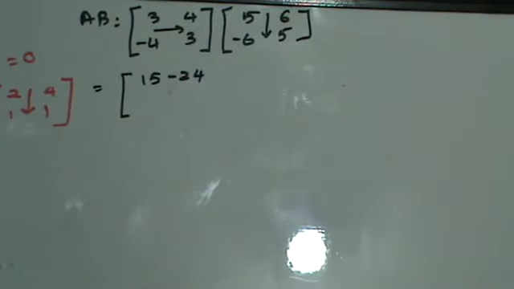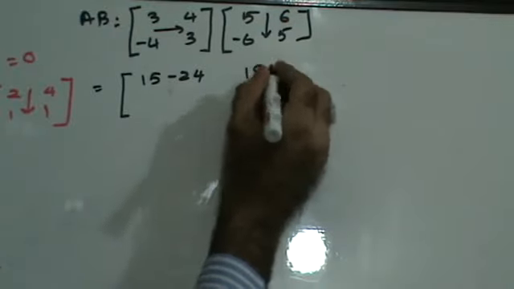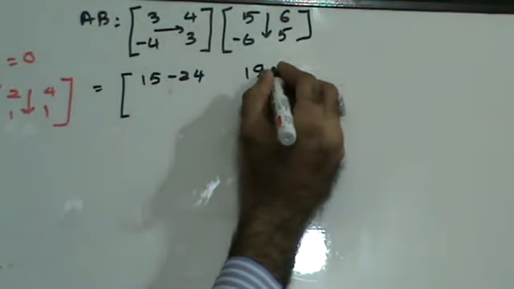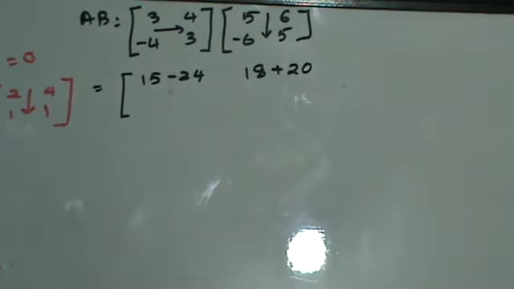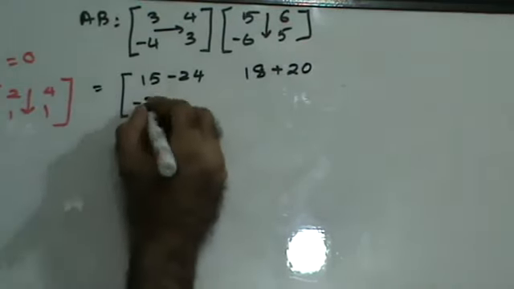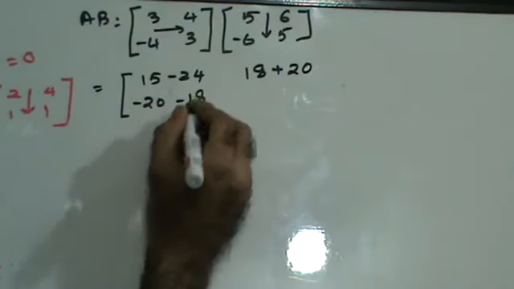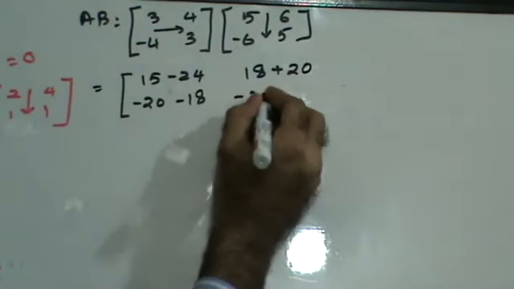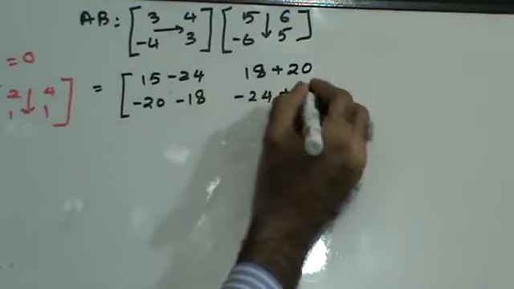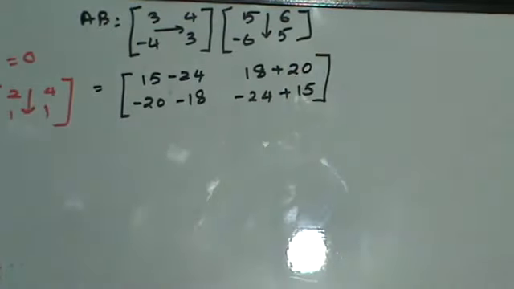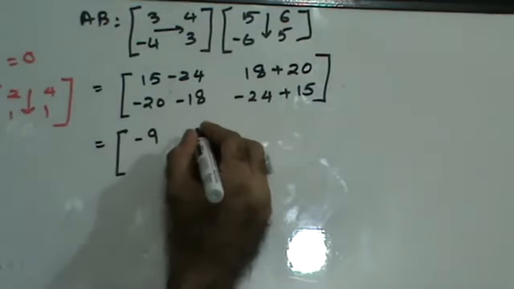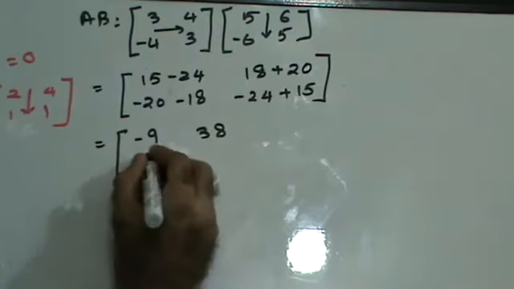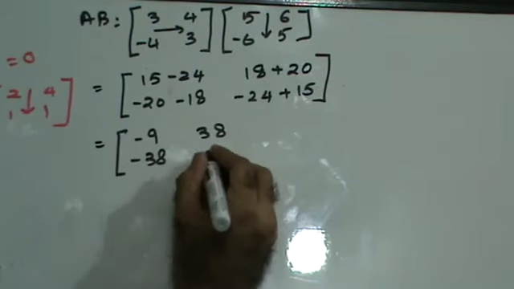Now first row into second column: 6 3s are 18 plus 5 4s are 20. Now second row into first column: minus 20 minus 18, minus 24 plus 15. Right? So in this case you will get this as minus 9, 38, minus 38, minus 9.